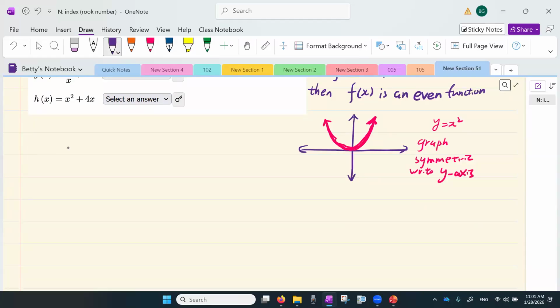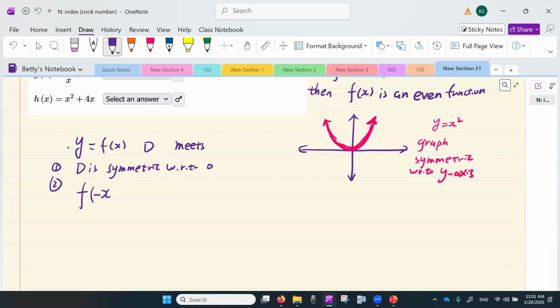Let's say we have function f of x, domain is D. If the function satisfies the following two conditions: first, the domain D is symmetric with respect to the origin. And for all x, f of negative x equals negative f of x.